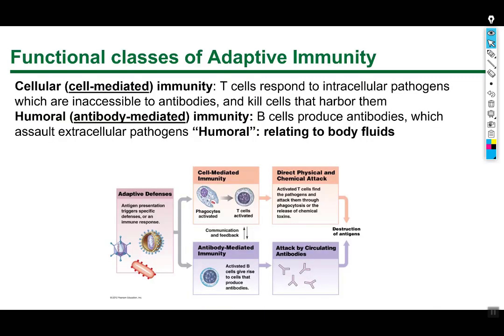So here's another way to say that stuff, and there's a nice little picture here too. Now we're going to start assigning cells to those kinds of immunity. So T cells respond to intracellular pathogens, which are inaccessible to antibodies and kill cells that harbor them. So these can be very small bacteria.